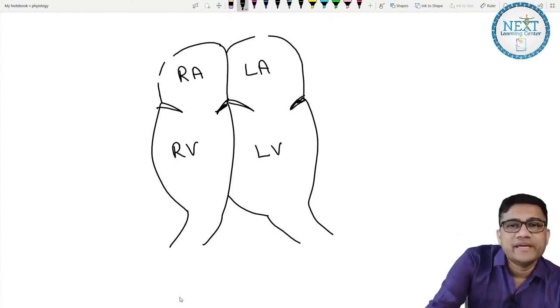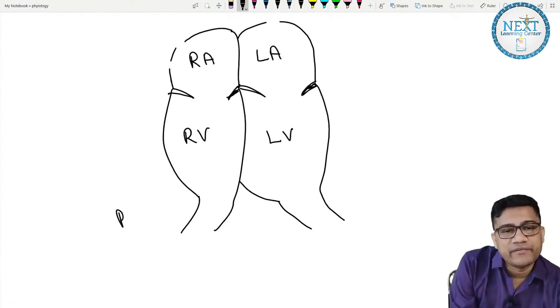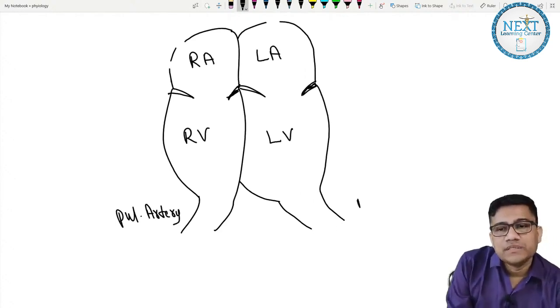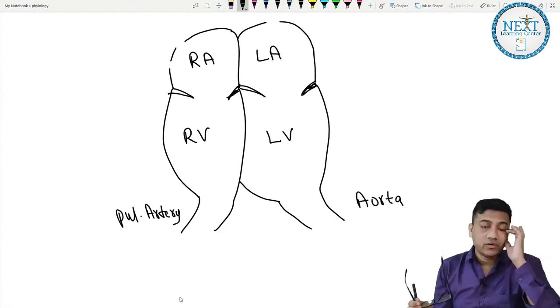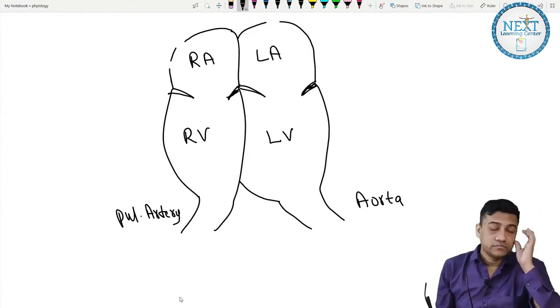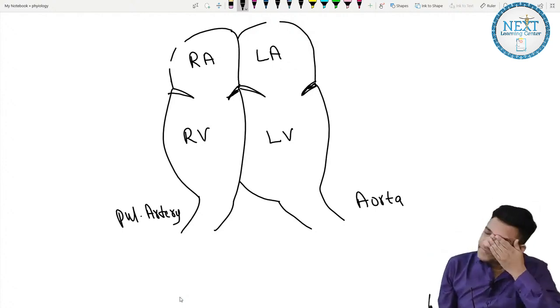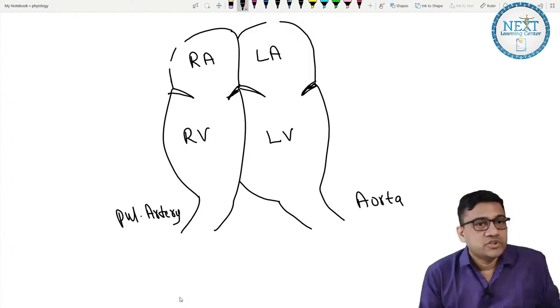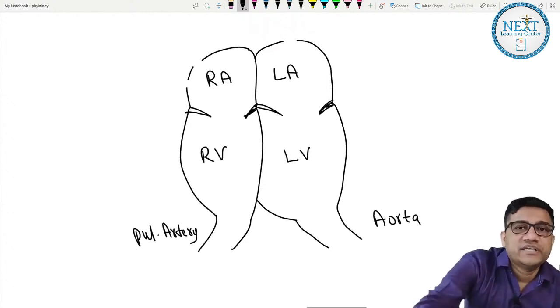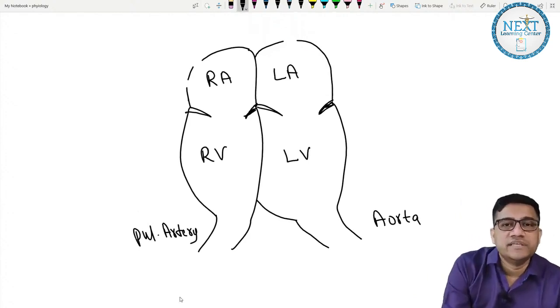Now, why am I making it like this? The answer is simple. This is the pulmonary artery. This is the aorta. So what are the changes and what are the things we are seeing in this case?